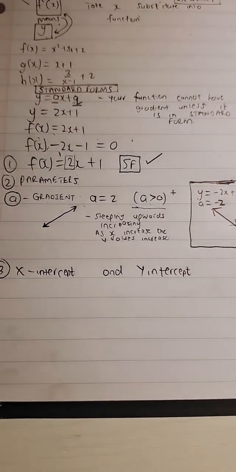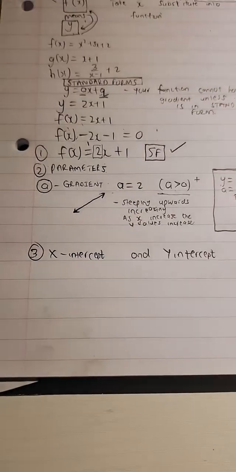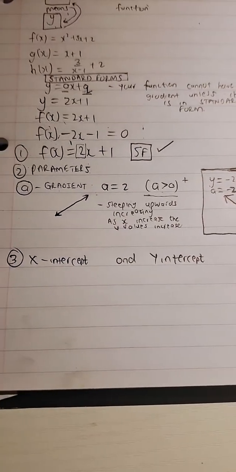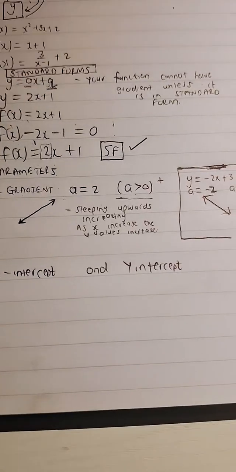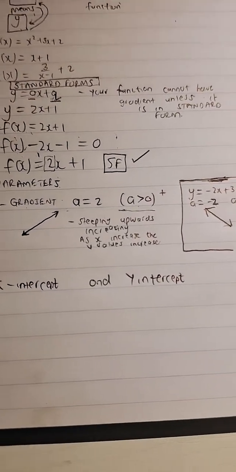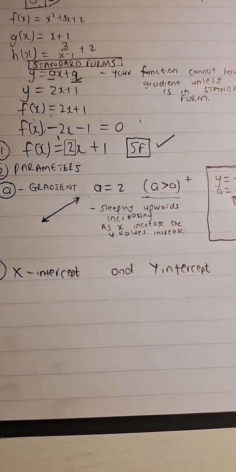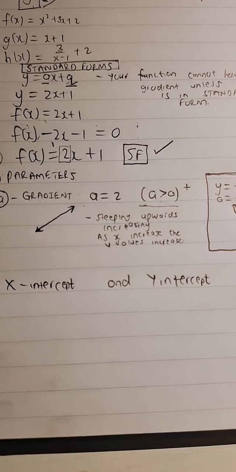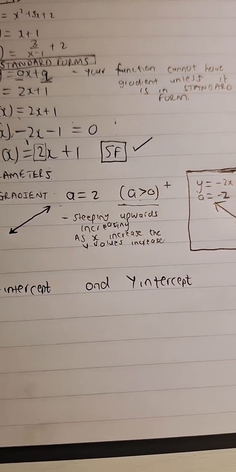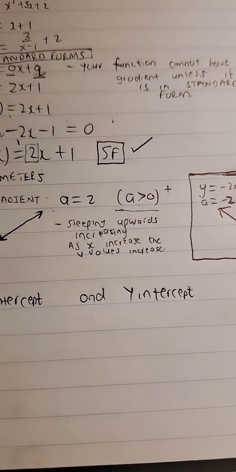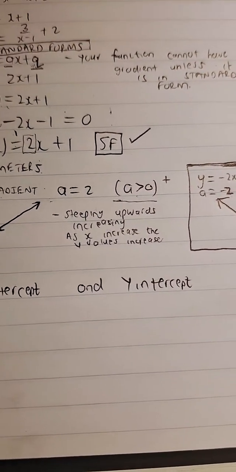When I say x and y intercept, do you still remember what the x and y intercept is? How do we get it? Those were the things stipulated earlier on that you need to know. You need to know how to find the coordinates of the x-intercept.